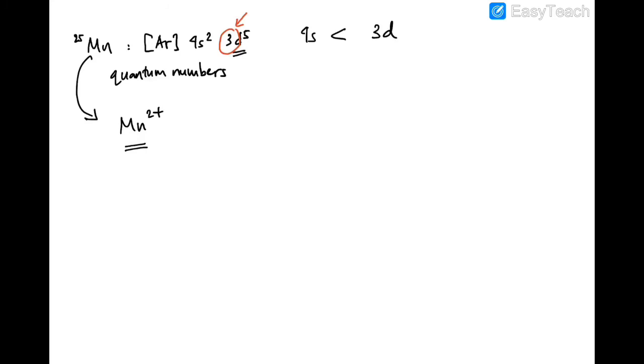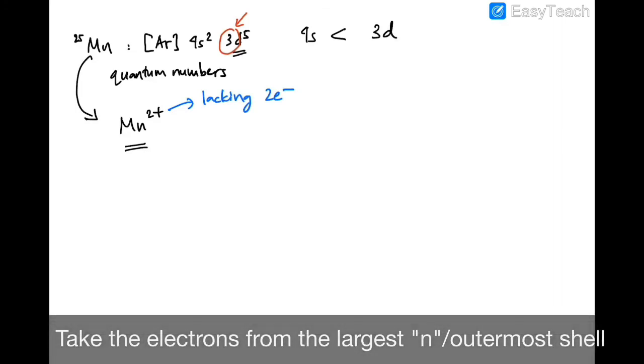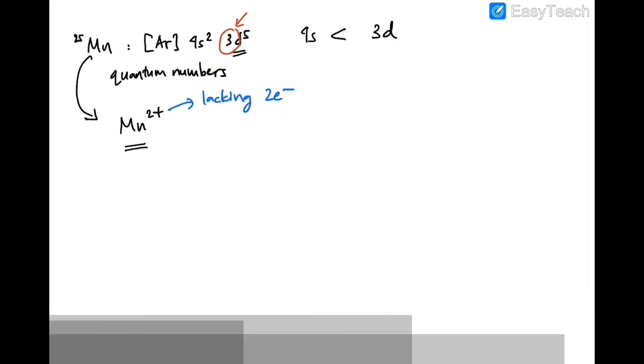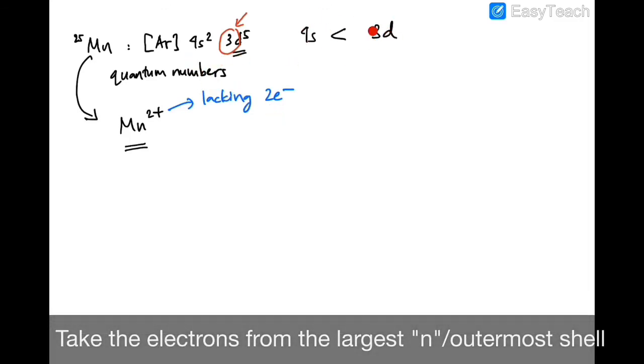In this case, 2 plus actually means this manganese is now lacking 2 electrons, meaning 2 electrons would have to be released from the manganese. And the 2 electrons that would be released, we start from the one with the biggest N. As you can see, from 4s to 3d, the electrons will actually be taken out from 4s.